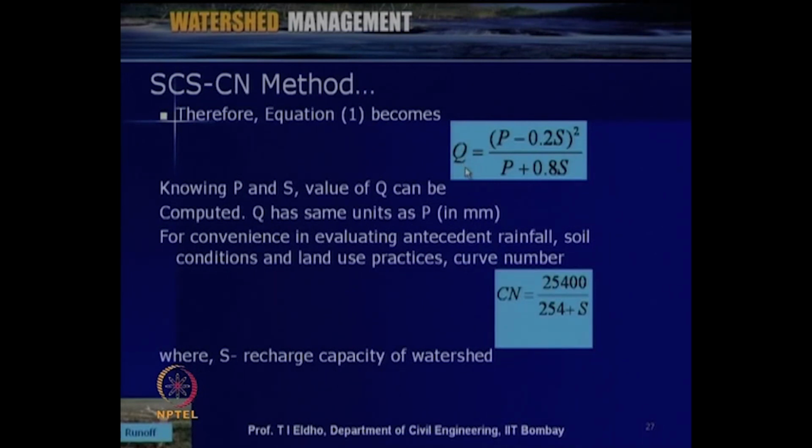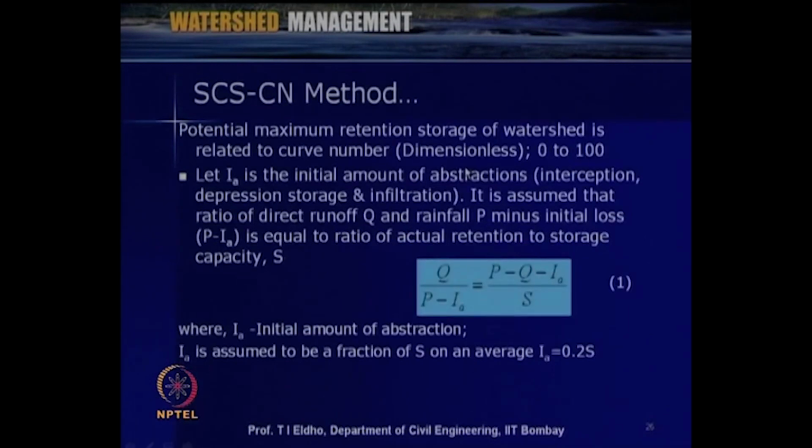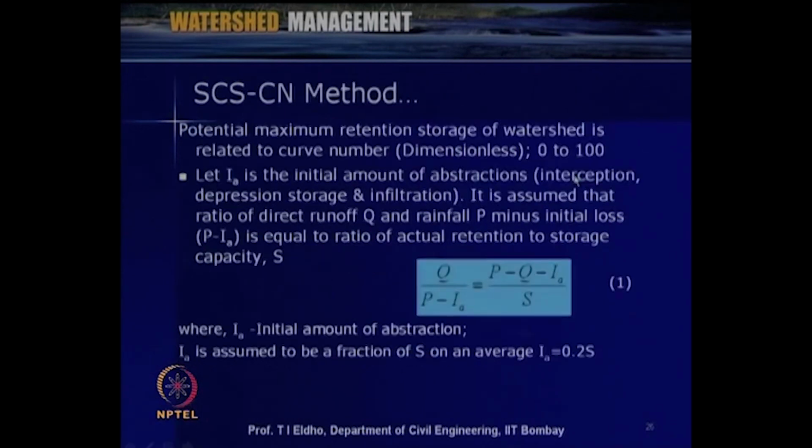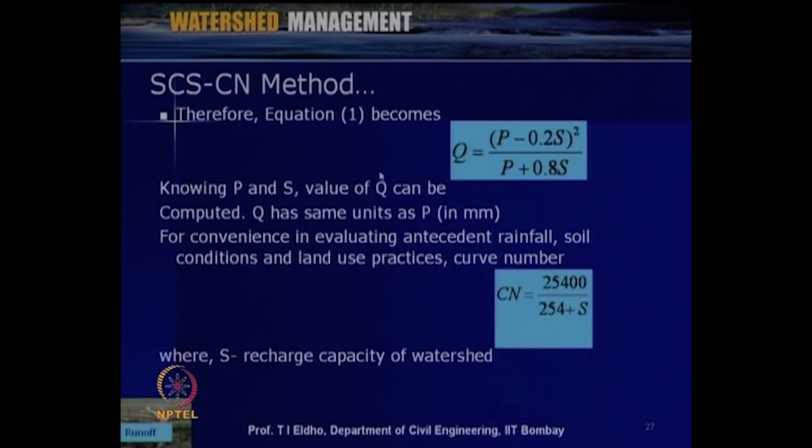Now from equation number 1 we can write Q, which we want to identify, the direct runoff. So, Q is equal to P minus 0.2 S, all squared, divided by P plus 0.8 S. This equation is a one-parameter model. Knowing P and S, the rainfall and the storage, we can get the runoff.